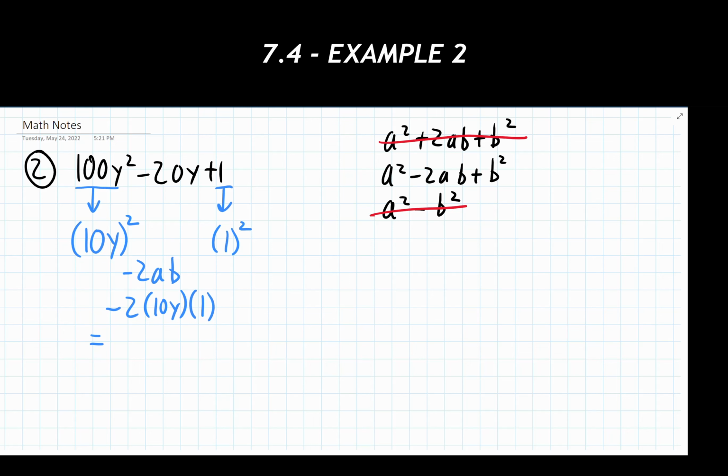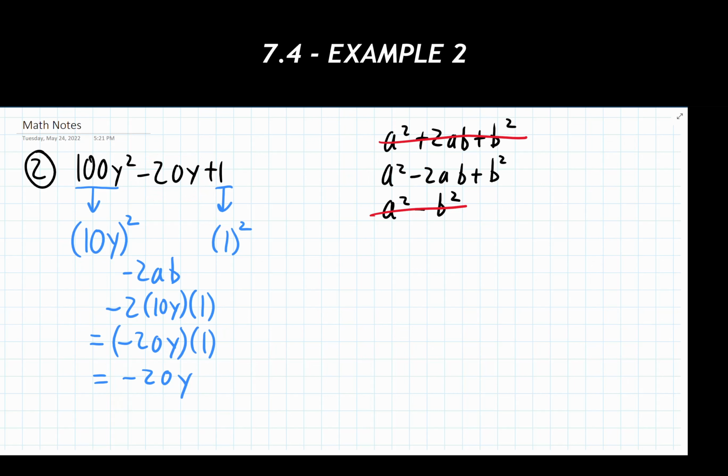So -2 times 10y, that's going to give me -20y. And then -20y times 1, anything times 1 is just itself. So I have -20y showing up down here. We notice that that's the exact same thing we have written up top here.